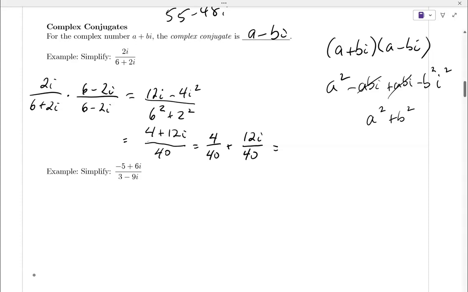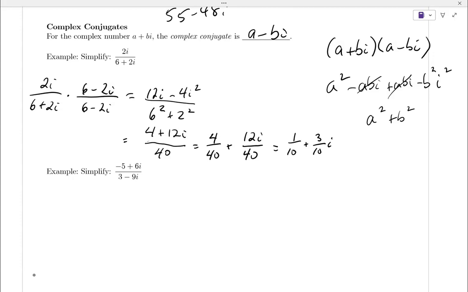What does 4 over 40 become? 1 over 10. And 12i over 40 becomes 3 over 10 times i. Good. So this simplifies into this standard form. So notice it's a plus bi again. But this is the technique if you want to do complex number division.